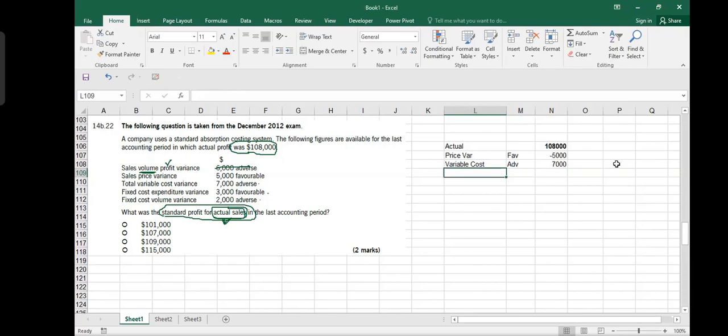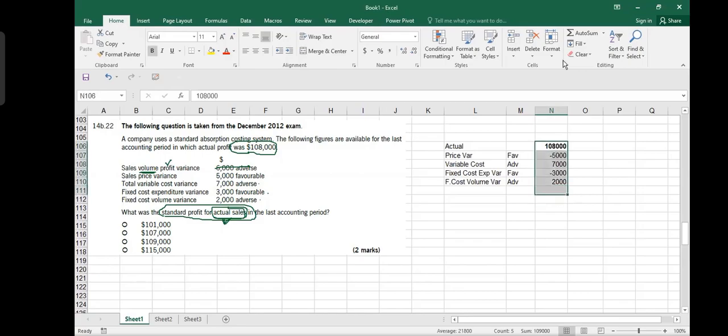Then I have my fixed cost expenditure variance, which is again favorable. It is 3,000 favorable, and 3,000 favorable I should again subtract. And then I have the fixed cost volume variance. This volume variance is adverse. If it is adverse, I should be adding it, and that is $2,000.